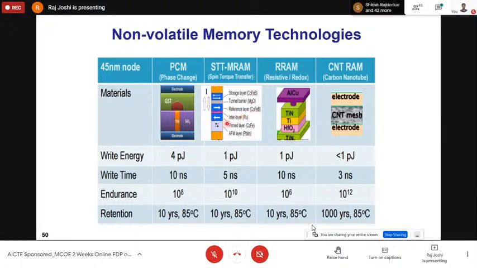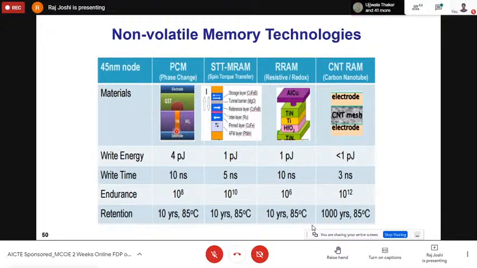So the MRAM has a different metallurgy, where by applying magnetic flux or passing current through it, you can change the polarity of these layers. When the spins have opposite polarity, it goes into the high resistance state, and when they are in the same direction, you have another state.